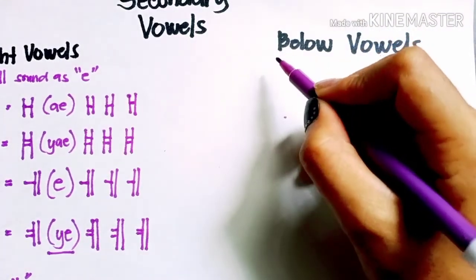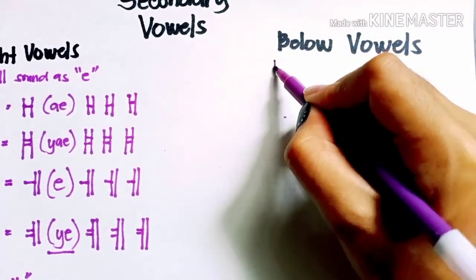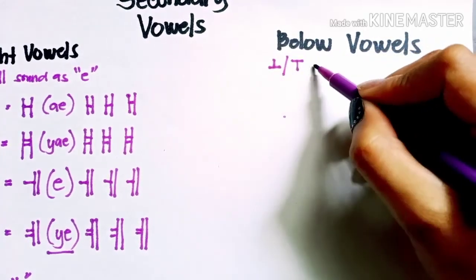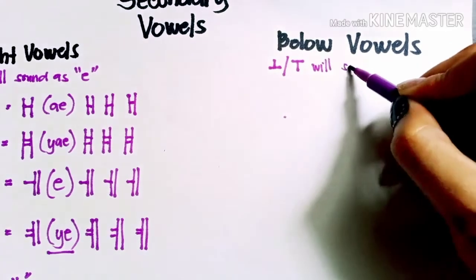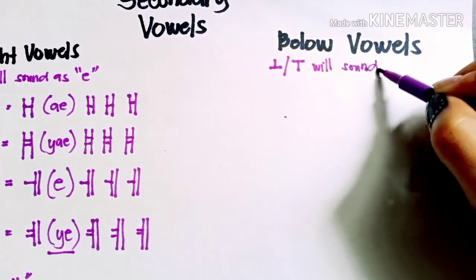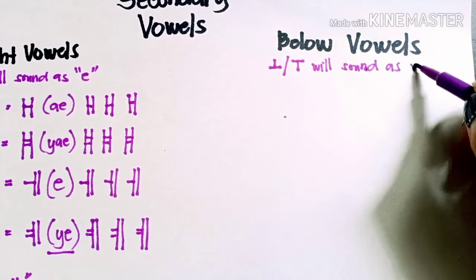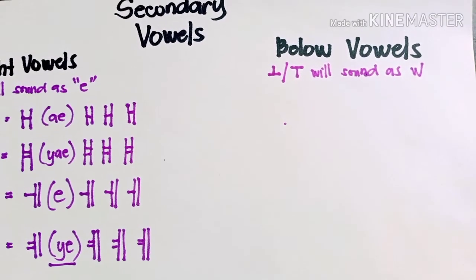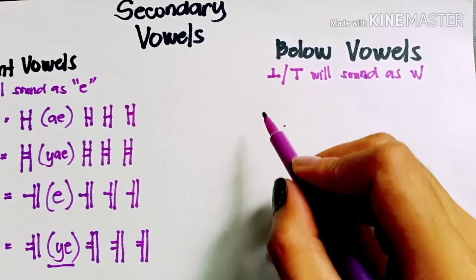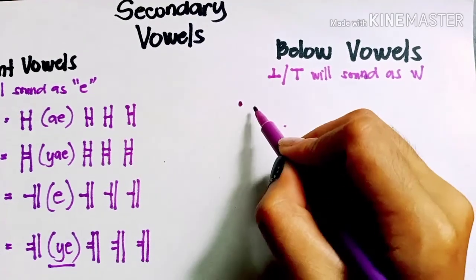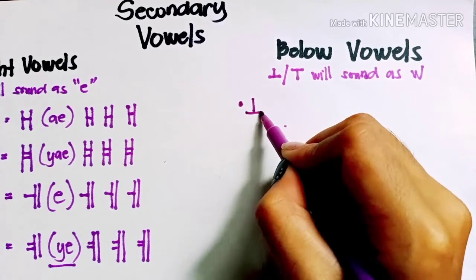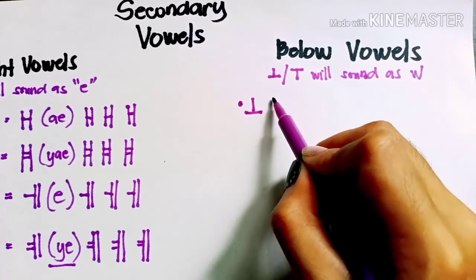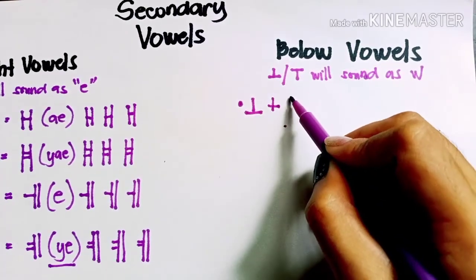The vowel O or U will sound as W. So, let's see the first one. Let's apply our rules here. W plus the vowel A.